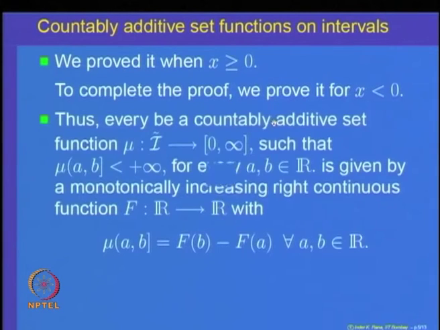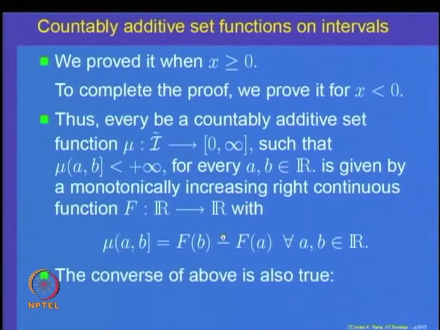This completes the proof that to every countably additive set function on the class of intervals, we can associate a monotonically increasing right continuous function with this property.